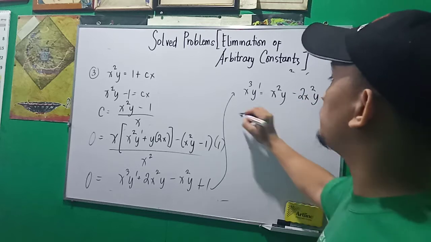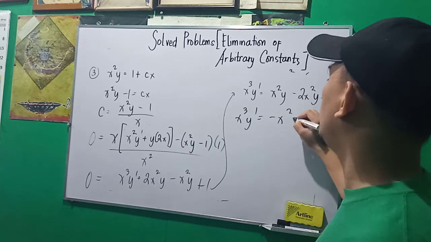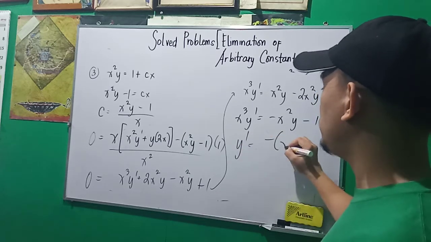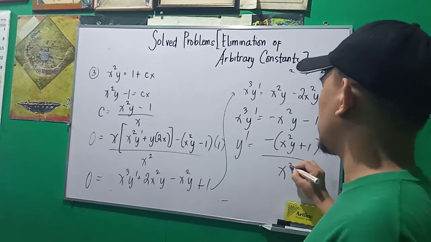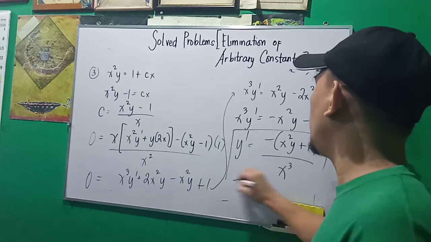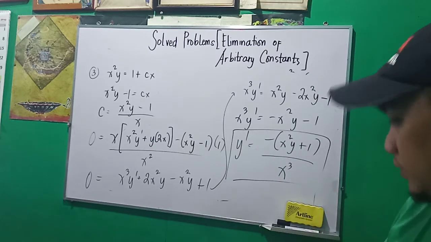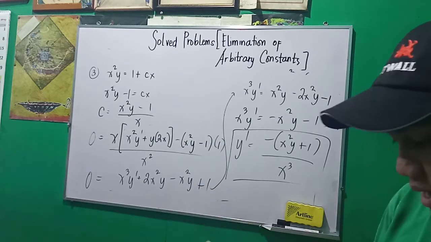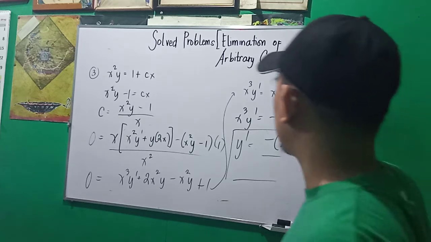Ito, pwede natin i-simplify. x cubed y prime equals negative x squared y minus 1. y prime is equal to negative x squared y plus 1 all over x cubed. So, yan ay magiging pinaka-final answer natin, mga Lodi. Okay? So, yan yung magiging value ng y prime natin. Okay? So, proceed tayo sa problem number 4.